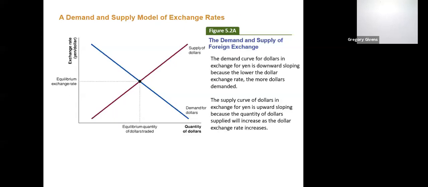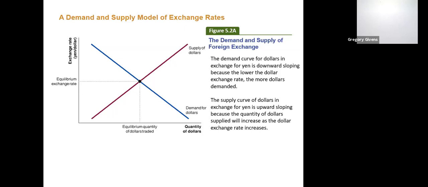So just really quickly here, let's imagine for a moment that the exchange rate was up here somewhere. It was set too high. Currently, the dollars are overvalued relative to the yen, let's say. Then what situation do we have? We have the supply of dollars in foreign exchange markets exceeds the demand.